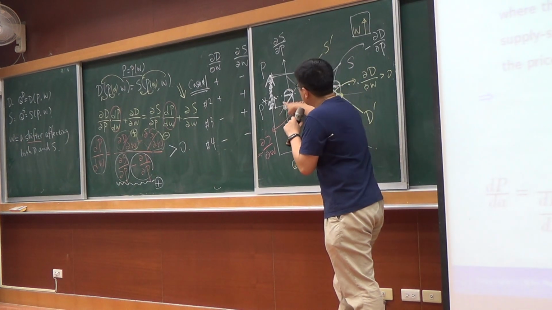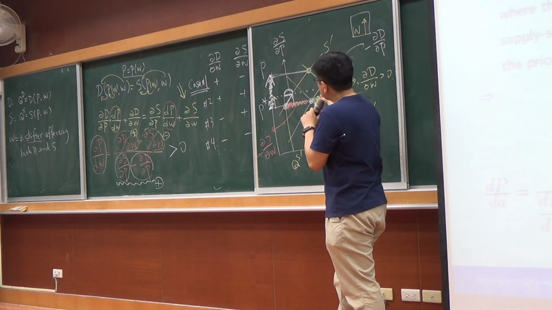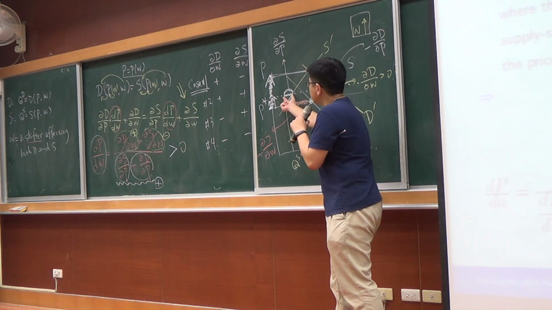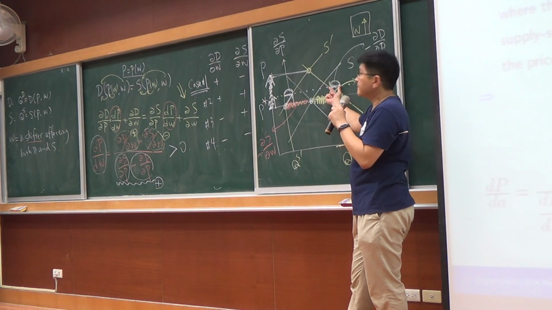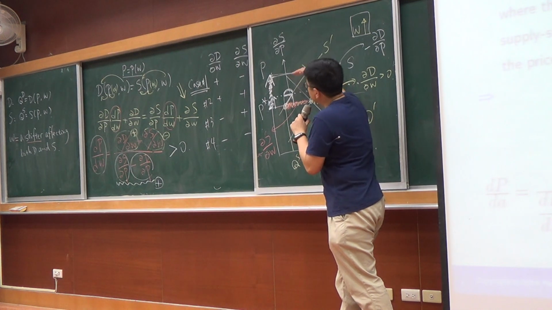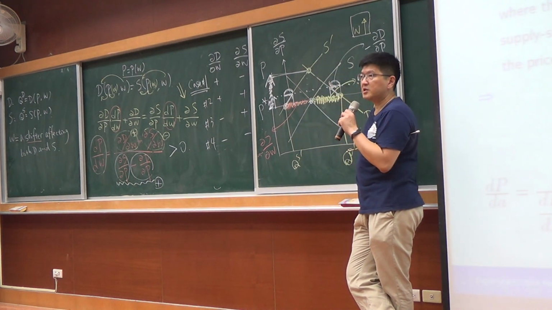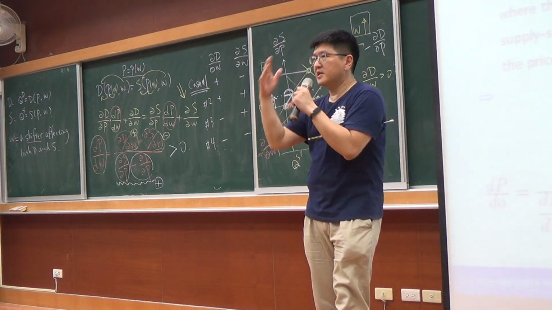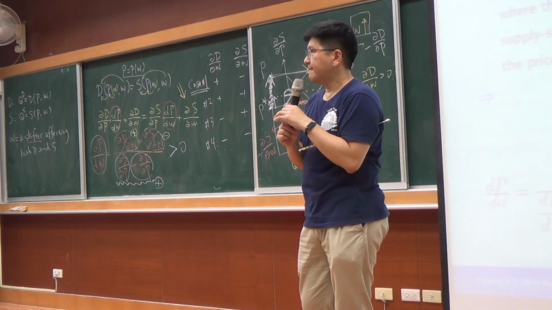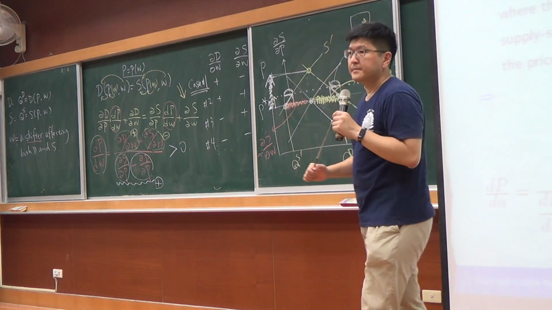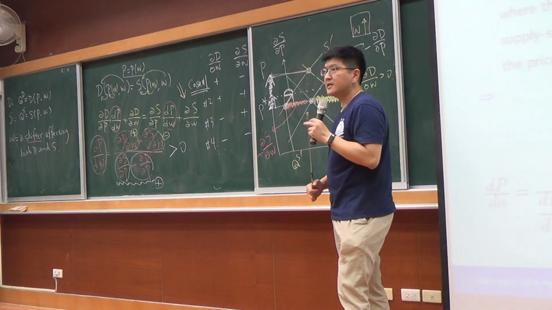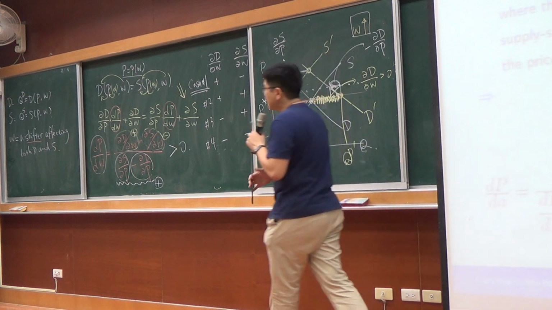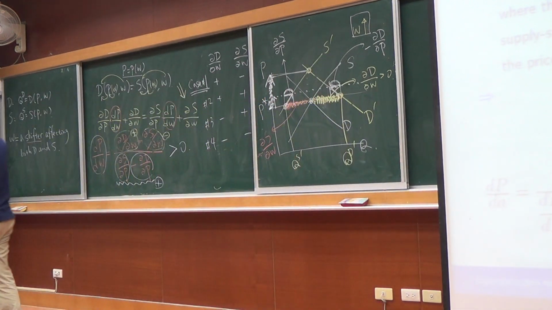So by each unit change in P, we may erase the sum of these 2 lengths, right? So this is how many units of change in P we need to erase the whole gap entirely. Is that clear? Okay, I'll give you 1 or 2 minutes to think about that. You may discuss with your classmates.